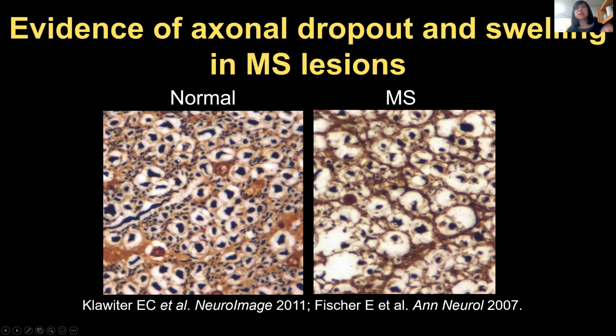Actually, this is a normal control and this is an MS patient. These were stained with a silver stain for axons. On the MS cross-section, you can clearly see that these axons appear enlarged and there are overall fewer axons in the cross-section compared to the normal non-neurologic control.